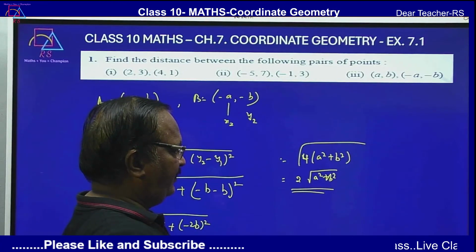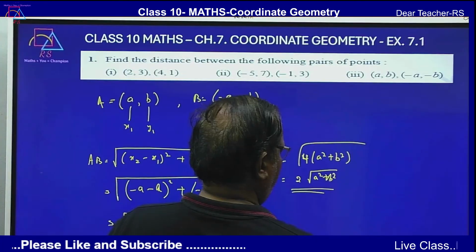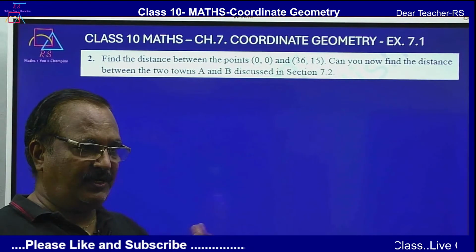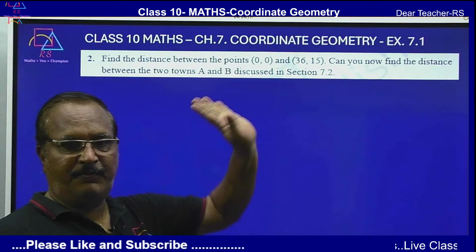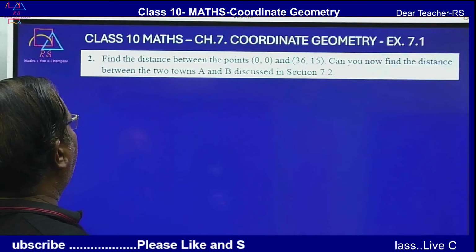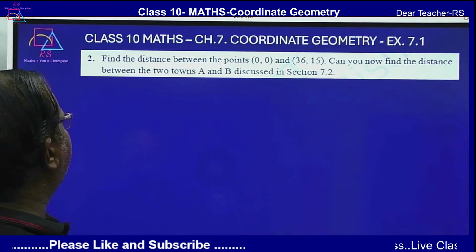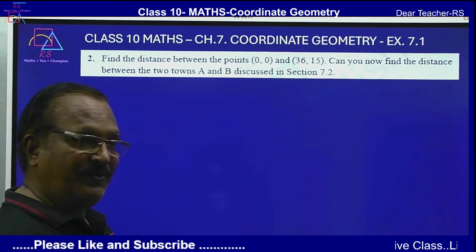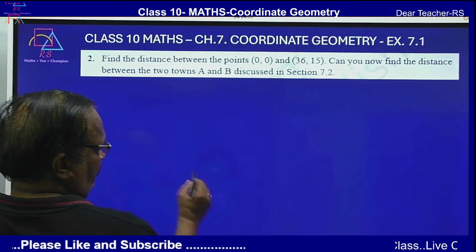Okay. So now let us go to the next question. The rest of the 2 problems you have to do yourself. This is the second problem of exercise 7.1. Find the distance between (0, 0) and (36, 15). Can you now find the distance between the 2 towns A and B discussed in 7.2? That we will see in 7.2. So now what we will do?